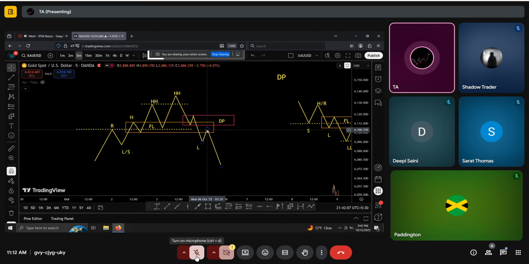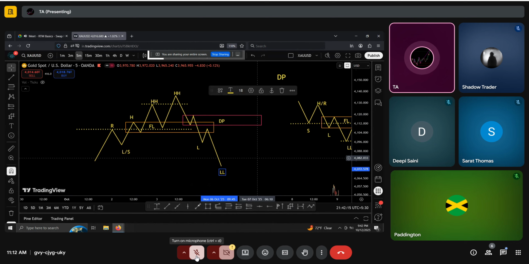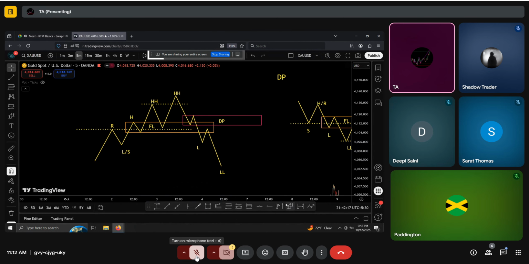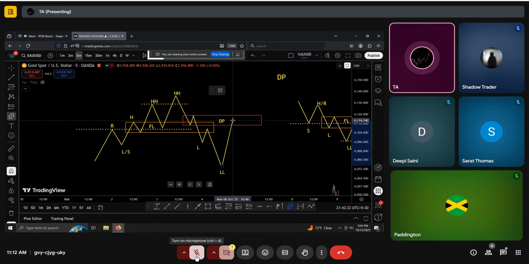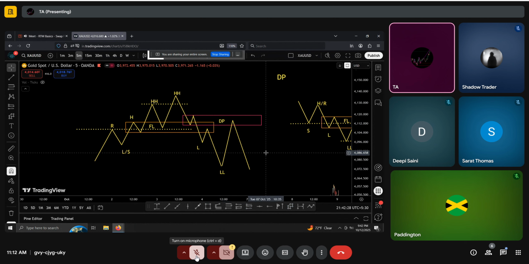Pulls back, goes up, could not reach the decision point and falls down and creates another lower low. But in this case, in future, when price goes back to this DP, there is a very high chance it will fall back again, right? Did you understand, guys? The importance of DP.